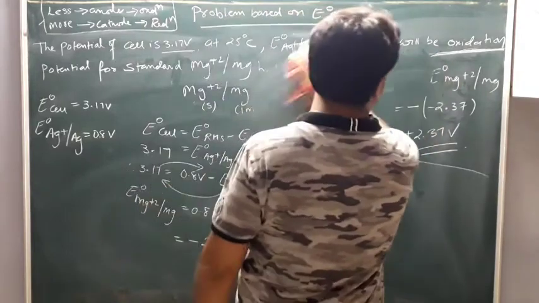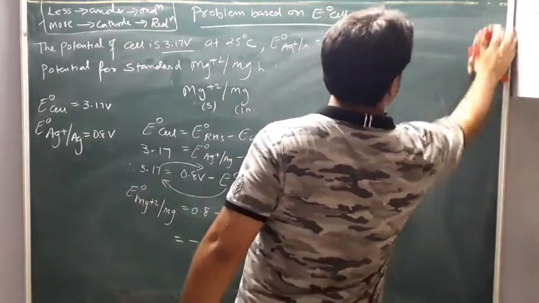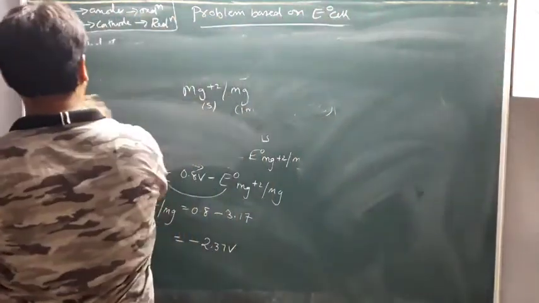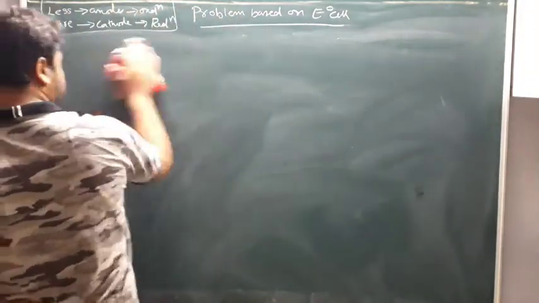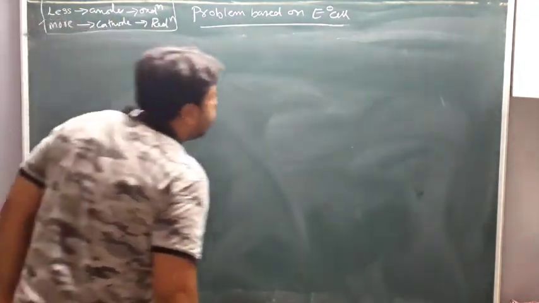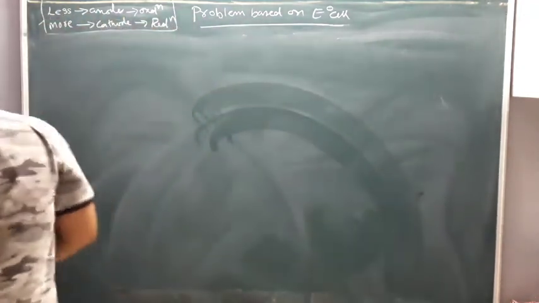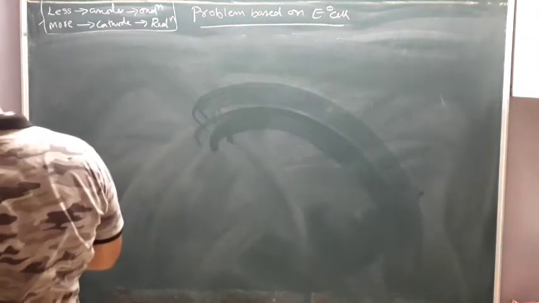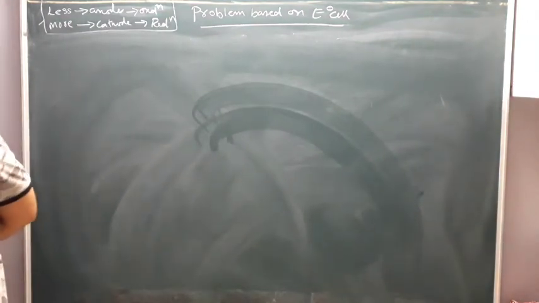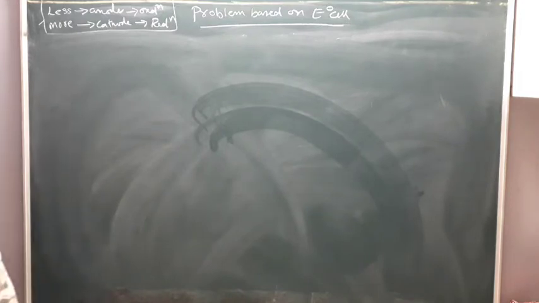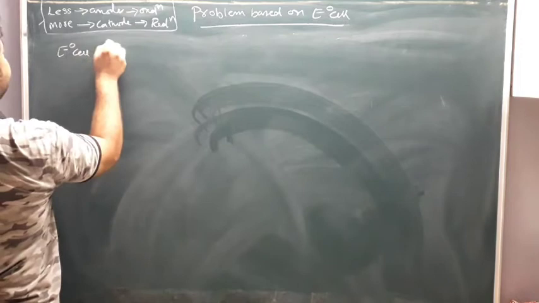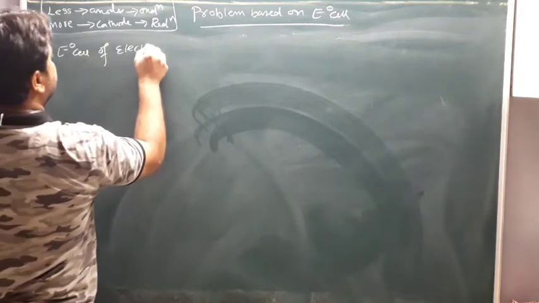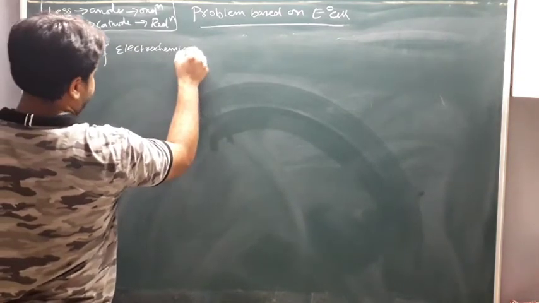Okay, a similar type of question. I hope you have written it. So you can copy out the question. The question says: E0 cell of electrochemical cells are given below.